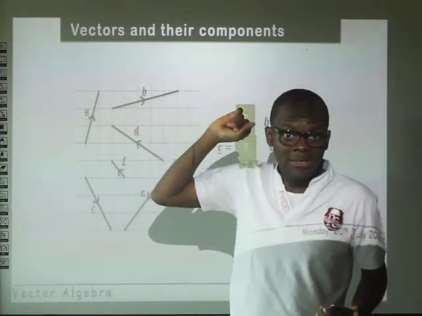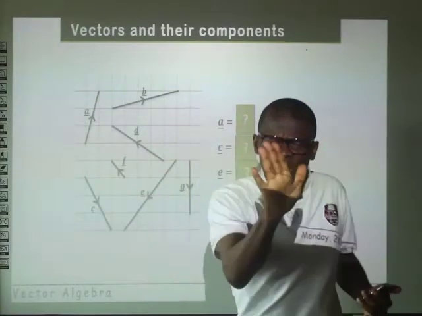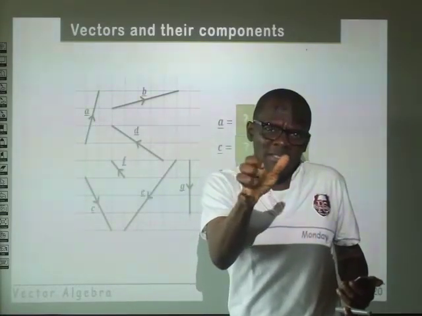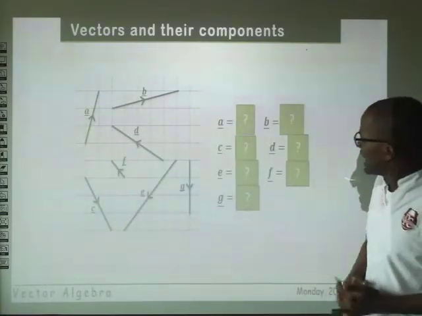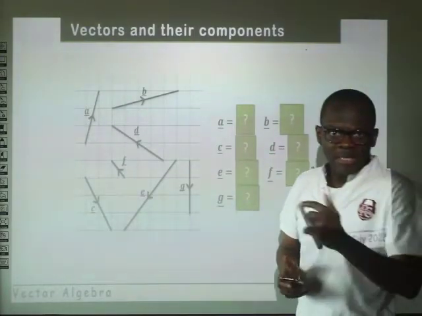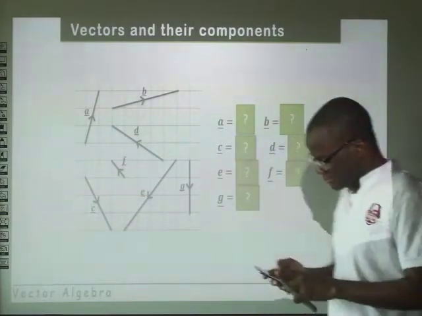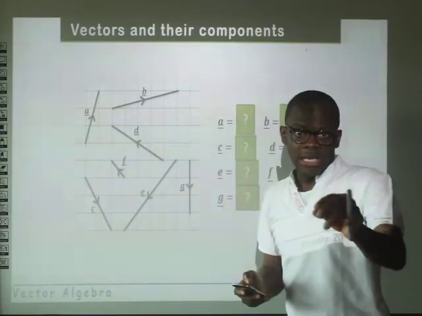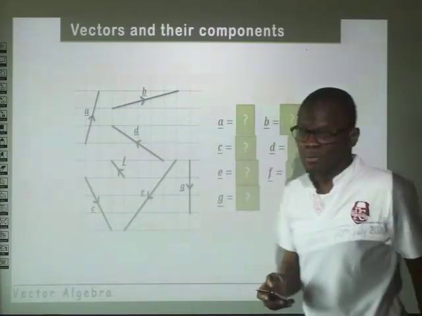So, like I said, pause the video for a few minutes, give yourself a go, and we'll see what the answers are. Once you're done, you can continue playing the video.